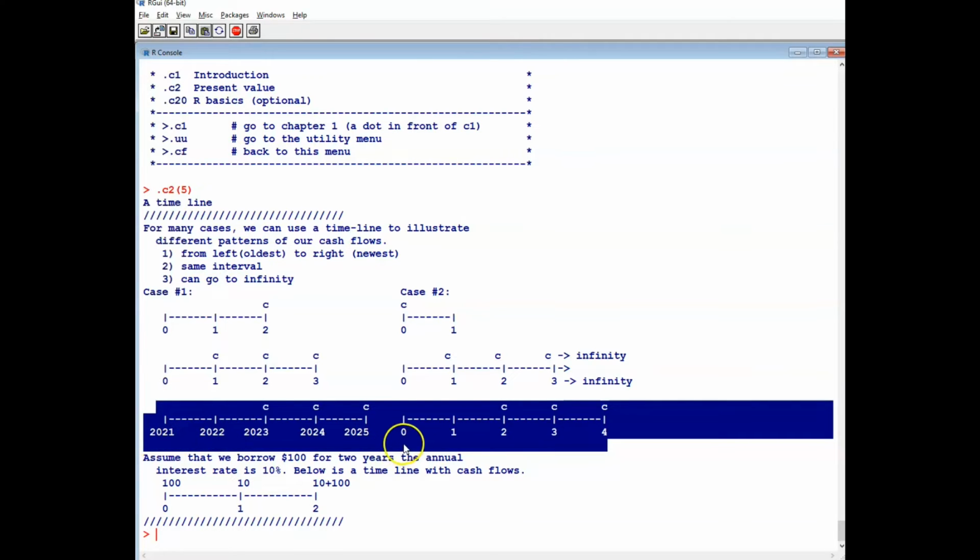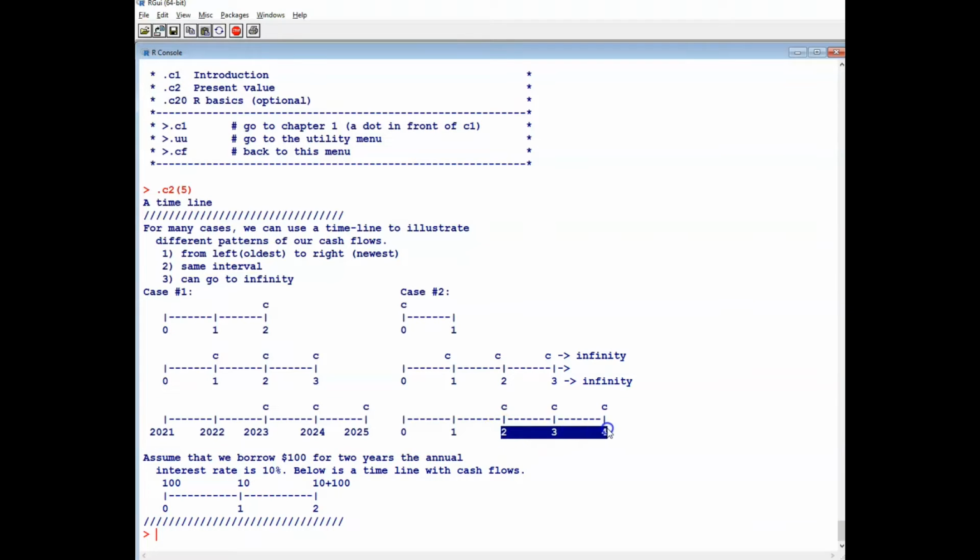We can simplify as 0, 1, 2, 3, 4. We have 3 cash flows at the end of the second, third, and fourth years, then we calculate the present value. It doesn't matter if this is 1970, 1971, 1972, 1973, 1974. We calculate the present value of 1970 or 2021, or even use this simplified notation.